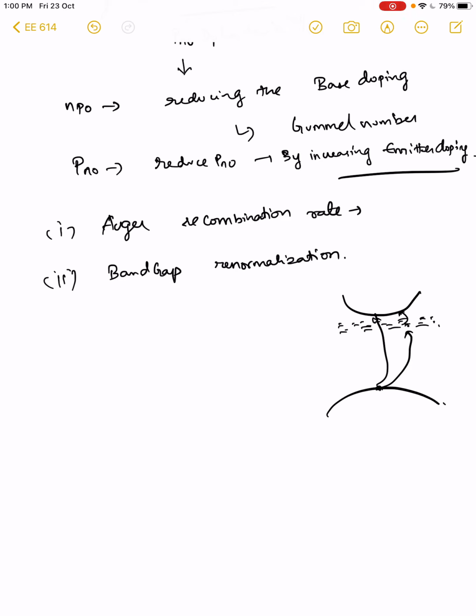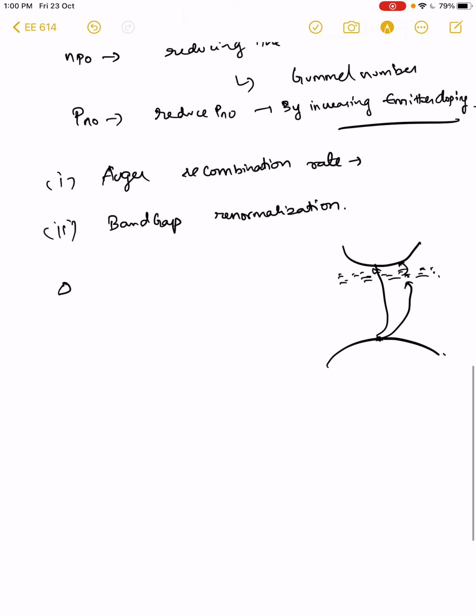This is a hand waving argument, but the actual renormalization value has to be calculated from first principles. So typical change in the band gap for increasing doping density follows this particular relationship, about 18.7 ln of N by 7 into 10 to the power 17 milli electron volts for N larger than 7 into 10 to the power 17.